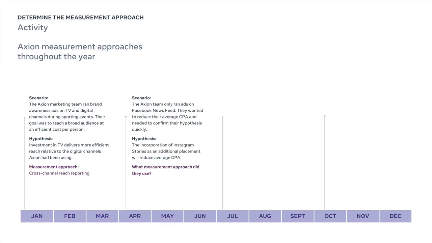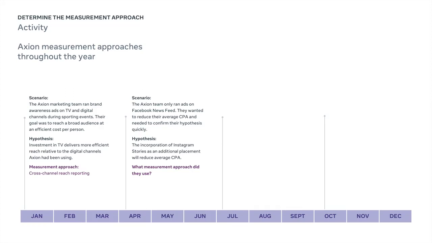In July, the Axiom team wanted to reduce their average CPA. At the time, they only ran ads on Facebook newsfeed, and they needed to confirm their hypothesis quickly. They hypothesized that the incorporation of Instagram stories as an additional placement would reduce their average CPA.